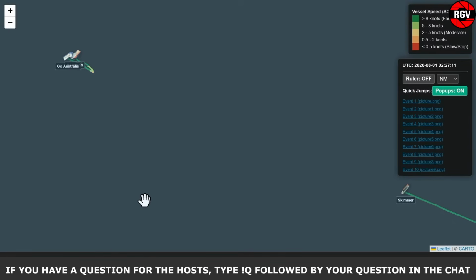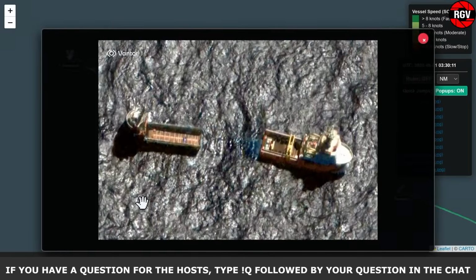And basically what we have here is going to be a night-day system. So currently we're coming into the daytime, which is when we get all of our sat photos so that we can see what's going on. And at this particular point in time, Go Australis had met up with the incoming Norman Ranger. Norman Ranger on the right, and Go Australis on the left.